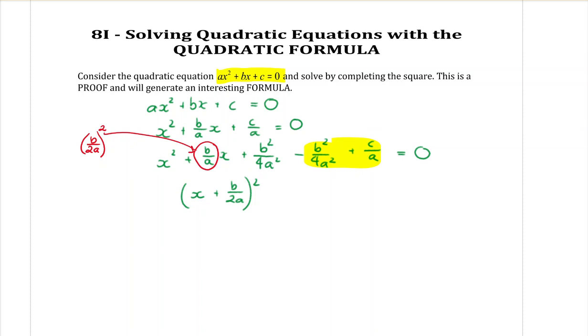The first one already has the 4a squared, the other one has the a, it just needs an extra a and a 4 as well to get a common denominator. So let's go minus b over 4a squared. I'm just going to get a common denominator with that second one first. So that would be 4a squared on the bottom, timesing a 4 and an a to the top with the c that was already there.